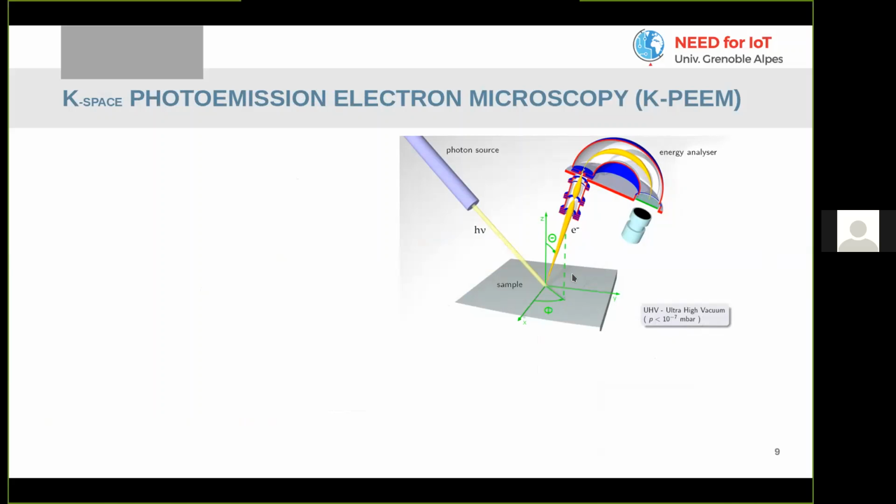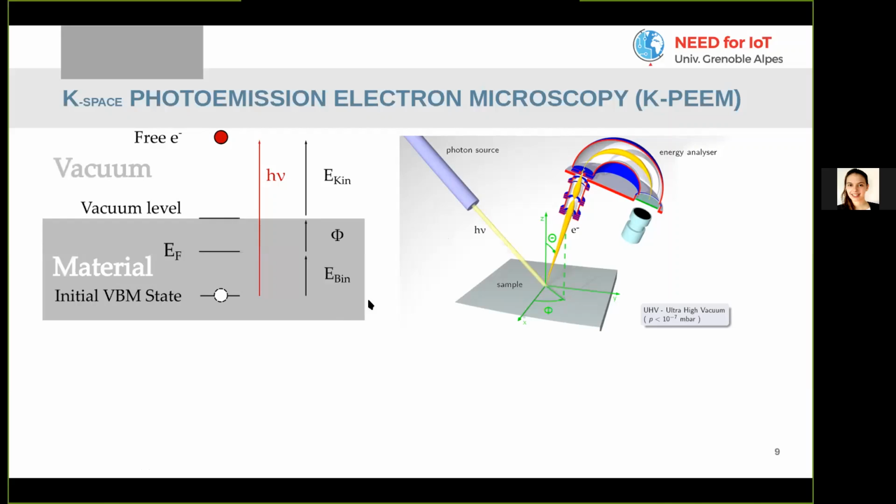What we can do is about these electrons that leave the material, we can measure three things: the location that they stem from, the angle at which they're being irradiated, and also the remaining kinetic energy that these photoelectrons then have using an energy filter.